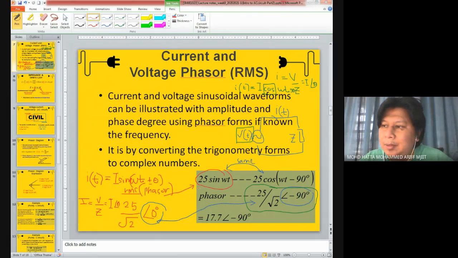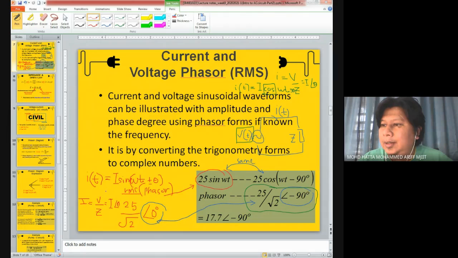If you use sine, your current is also sine. If you use cos, your current is also in the form of cosine. That's the difference that I try to explain to you.